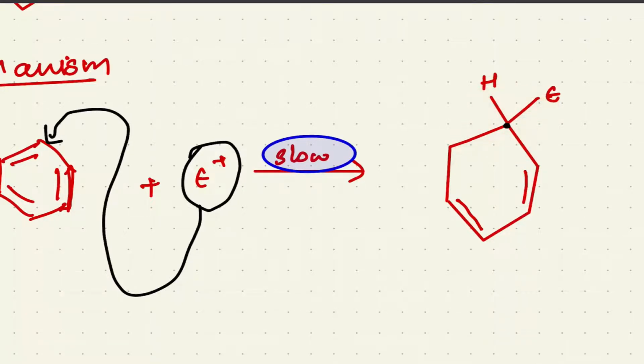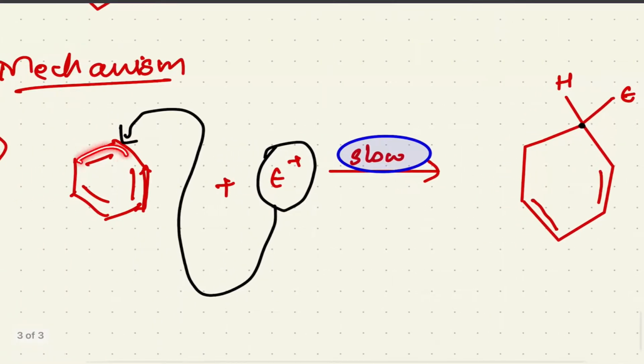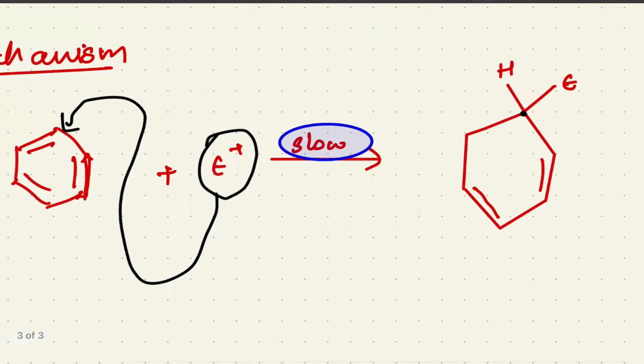Carbon has its valency as 4, so this double bond will be broken. This is known as an arenium ion, and there will be a plus charge because of the bond breaking over here.